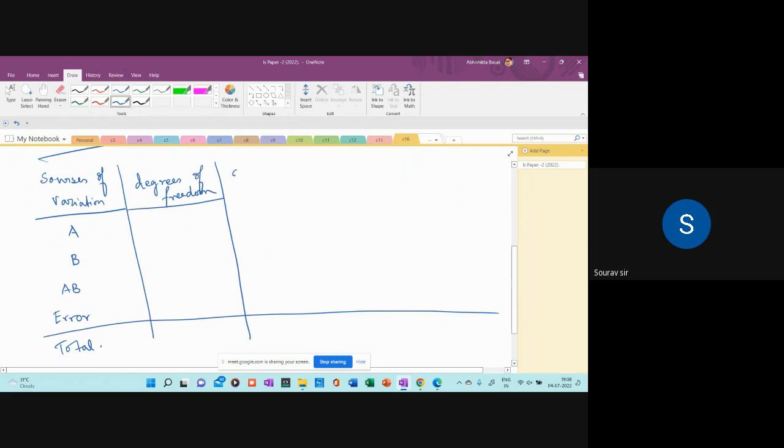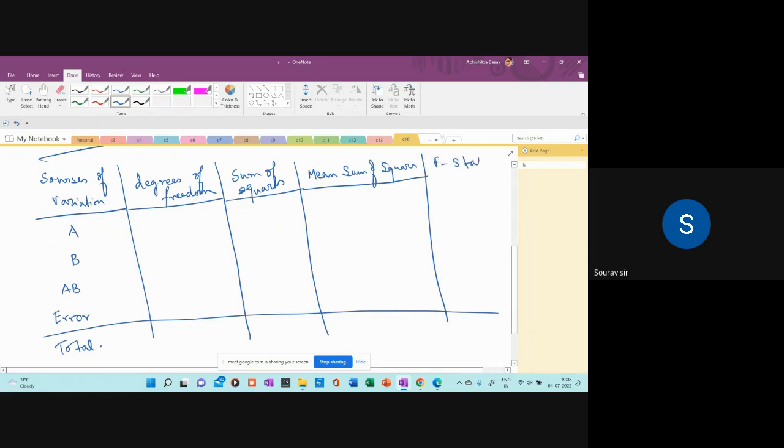Then there will be sum of squares, mean sum of squares, and ultimately there will be the F statistic, under which we have two categories. One is F observed, which we are going to obtain from the table. One is F tabulated, which might be given to you. The total of this column is not required.